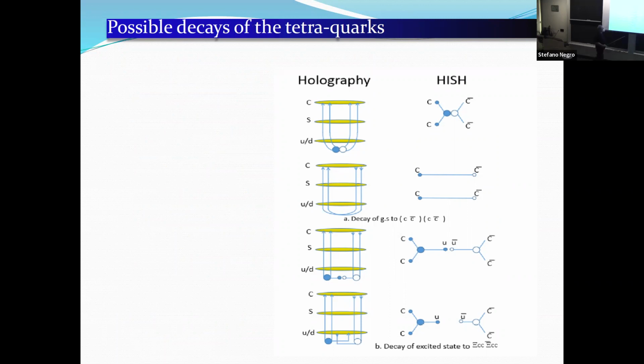If it's below the threshold, then there is a probability of annihilation between the BV and the anti-BV, and we'll end up with 2 mesons. So we have 2 classes of decays. If we are in this mode, then it's clearly genuine exotic. If it is in this decay, we don't know. So we have to look for the excitations and hopefully get this decay into baryon antibaryon.